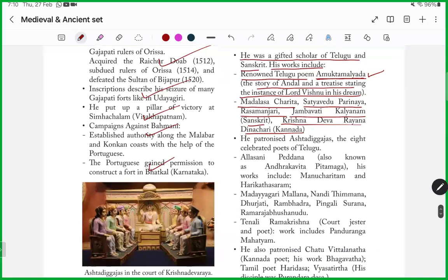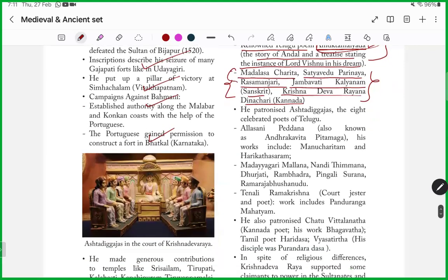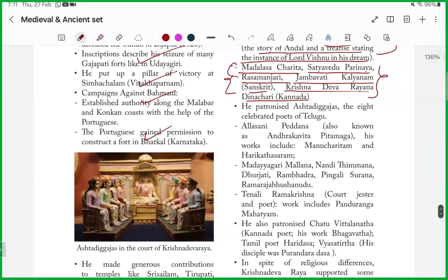The more important one is Amuktamalyada. If you feel these are important, then you study. It is your decision whether you want to study this or not.